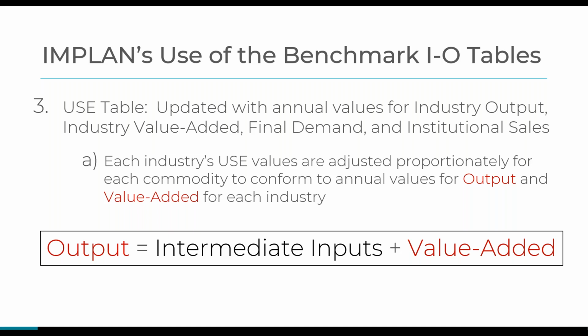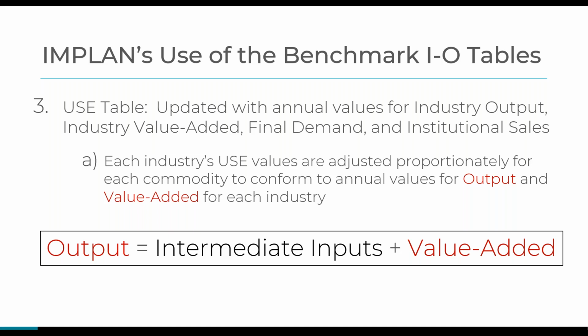And so here I have put the output equation. Any of you who've taken IMPLAN training probably know this equation very well. But industry output equals the industry's intermediate inputs plus value added. And value added is those things we talked about before: employee compensation, profits, taxes, basically.